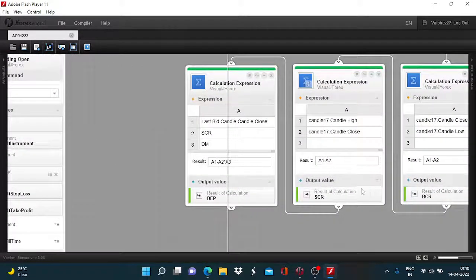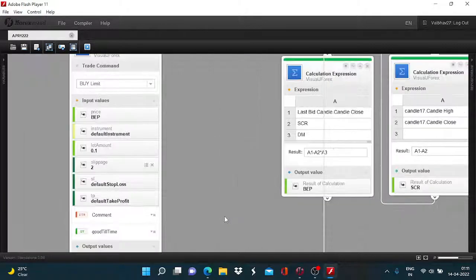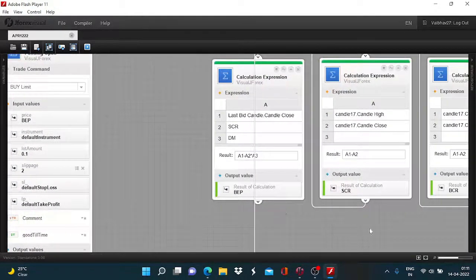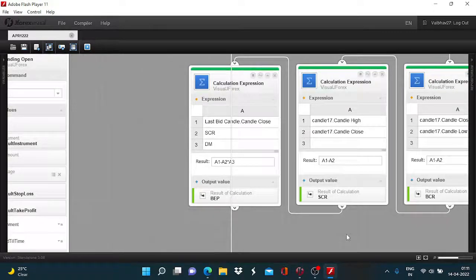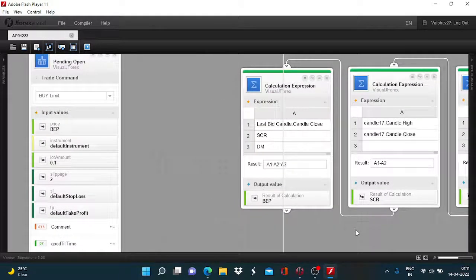So we take this difference, actual difference calculated, and we multiply it with 2, and then we multiply it with 10 raised to the power 4 to convert it into the integer data type. As pips, we need to define in terms of integer, and Euro USD has 4 decimal points.